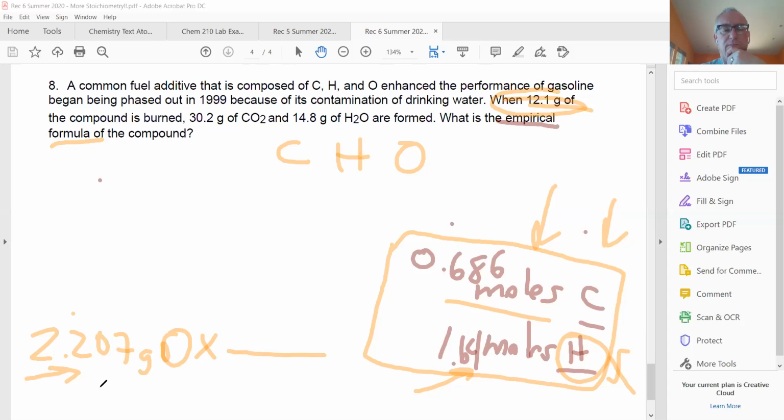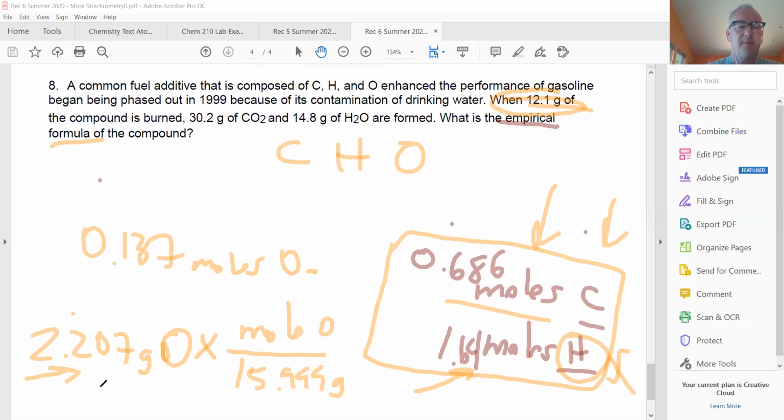Oxygen. Where are we going to put the moles and where the grams? Moles in the top. Yep, moles of oxygen in the 15.999 grams. So I have 0.137 moles of oxygen.